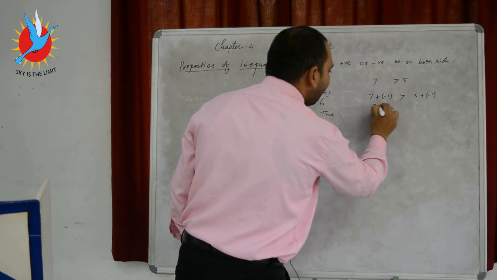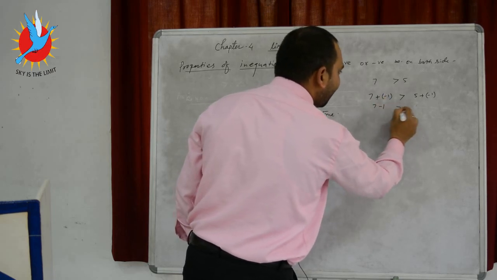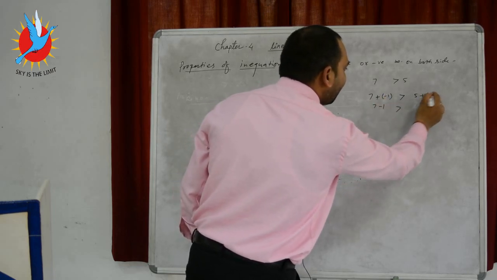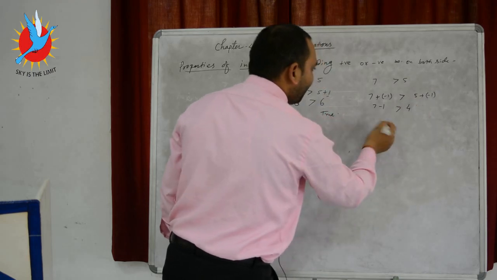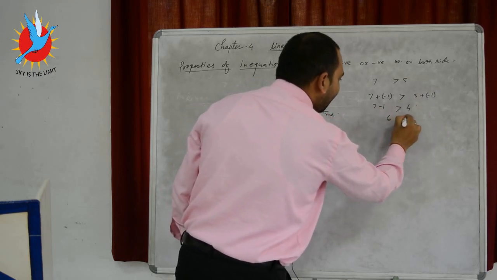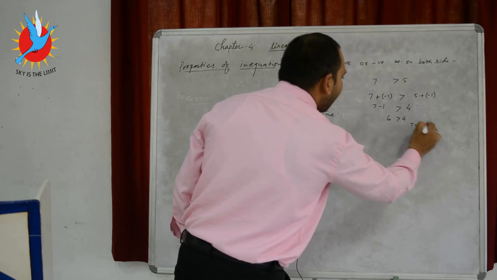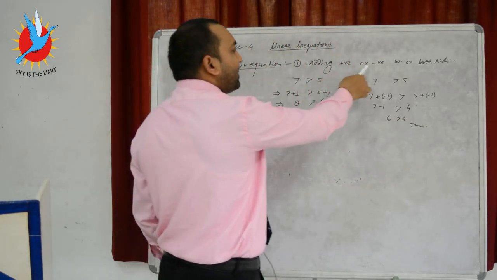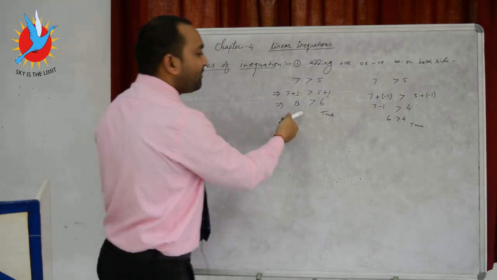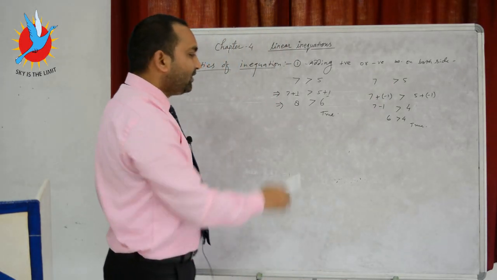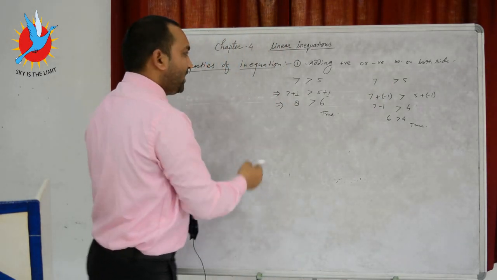So 7 minus 1, that is 6, is greater than 5 minus 1, that is 4. So 6 is greater than 4. This is also true. It means when we add any positive or negative number on both sides of the inequation, there is no change in the inequality.